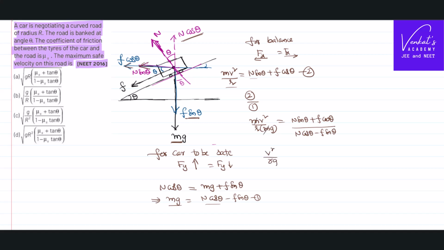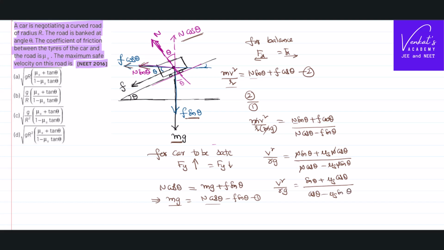V square by rg equals N sin theta plus F cos theta over N cos theta minus F sin theta. Frictional force can be written as mu times the normal reaction, where mu is given as mu s. So the normal reactions can be cancelled. V square by Rg is sin theta plus mu s cos theta over cos theta minus mu s sin theta.